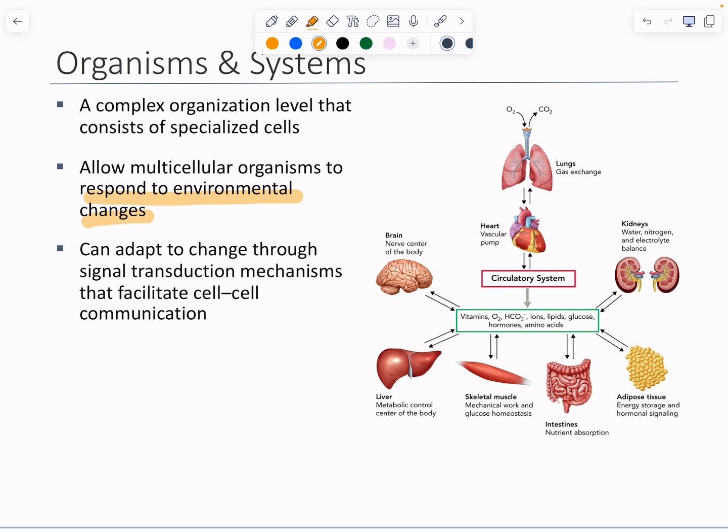The entire way of having those responses happens through intermolecular and intramolecular communication. So communication between molecules is really how response happens.